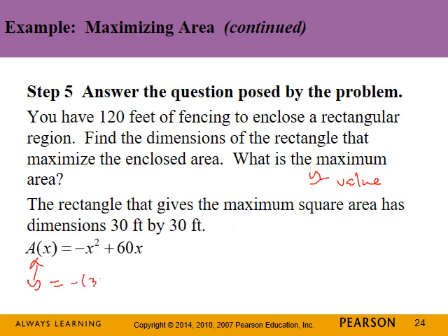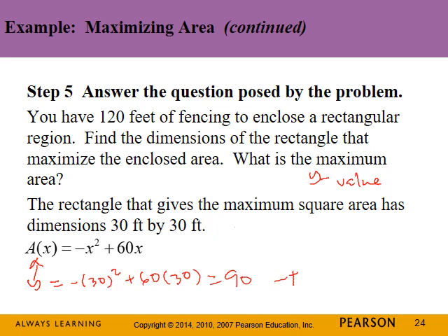So negative 30 squared plus 60 times 30, and you'd get a positive 900. Remember, feet squared. Remember, area is always squared because it's one unit times another unit. In this case, it'll be feet times feet, or foot times foot, which will be feet squared.